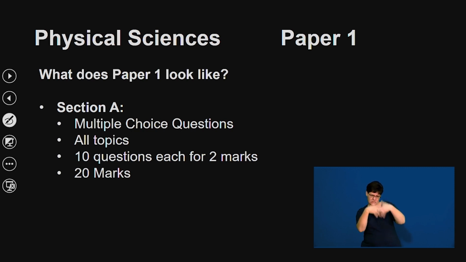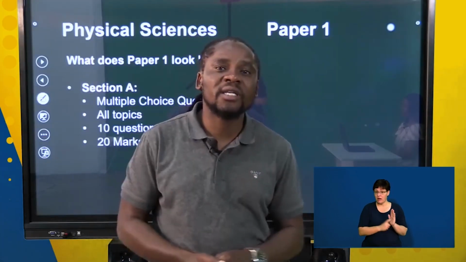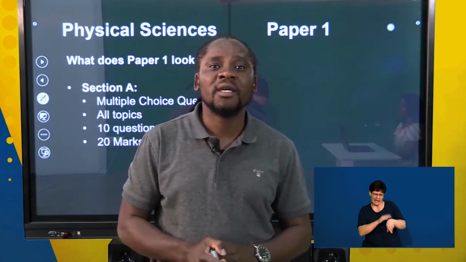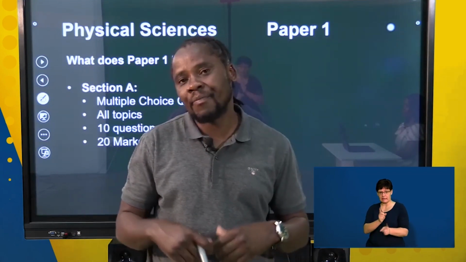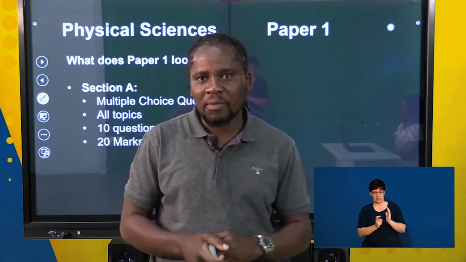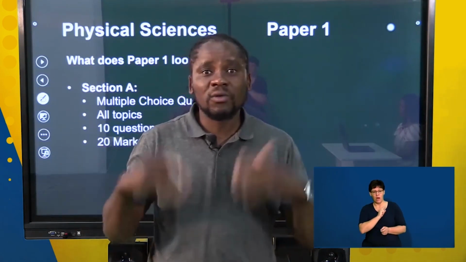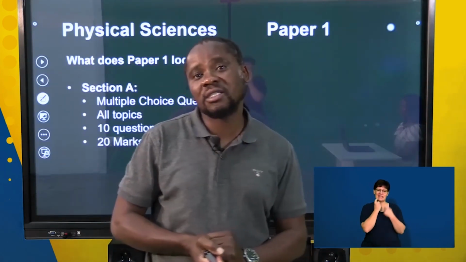Not all the multiple choice questions are based on recall. The total number of marks is 20 marks. Now, if a section is 20 marks, one has to allocate a decent amount of time to responding to those questions, because there are different levels and a lot of skills involved as far as multiple choice is concerned.